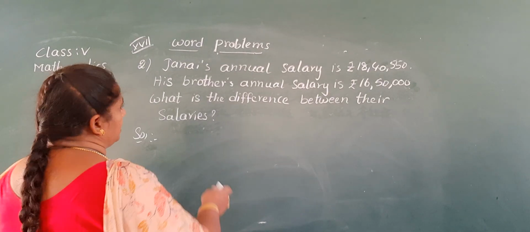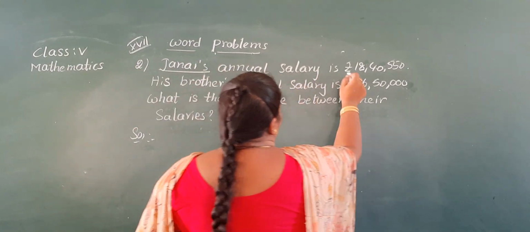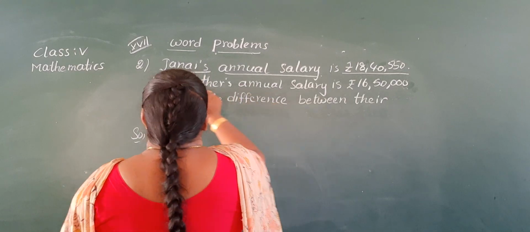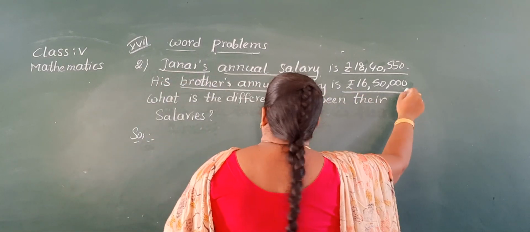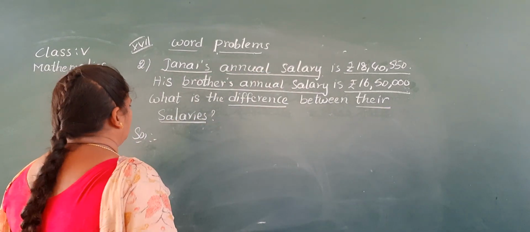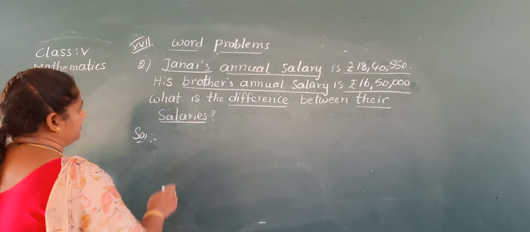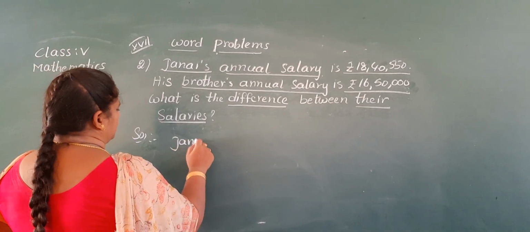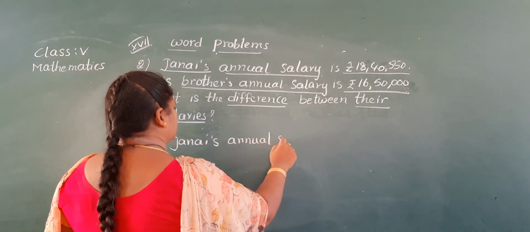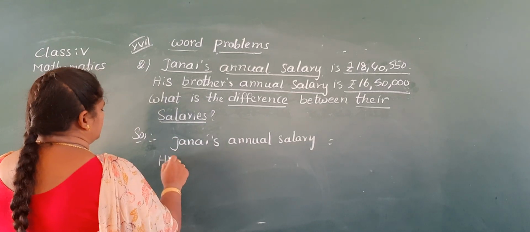So same now, what is given? Janai's annual salary. Next, his brother's annual salary. Now we have to find difference between their salaries. Okay. Write down, Nana. Same. Janai's annual salary. His brother's annual salary.